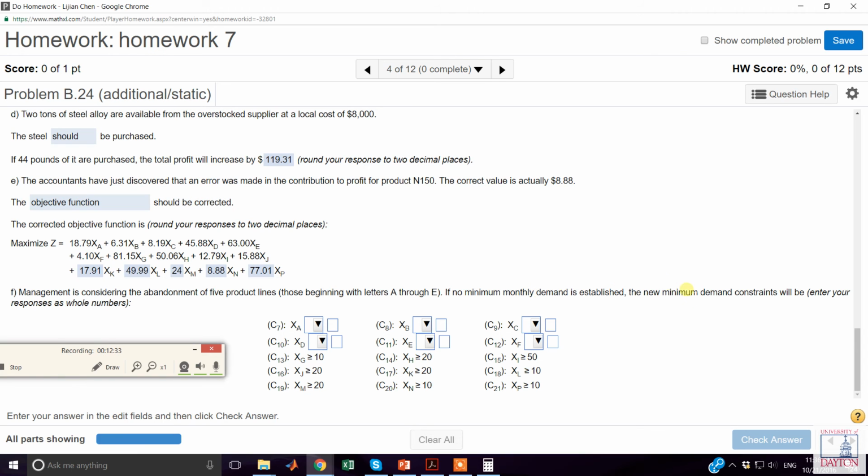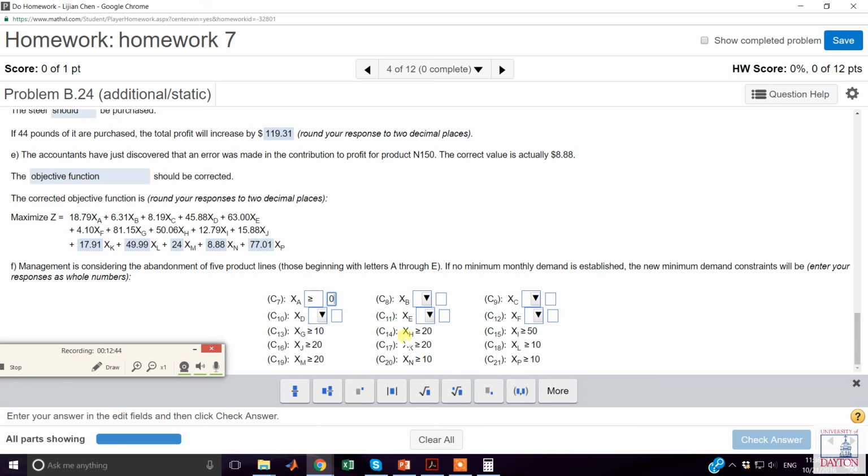All right. So what happens is if there's no minimum, there will be no minimum. Now, what's going to happen is it's greater than or equal to 0, greater than or equal to 0, and greater than or equal to 0.